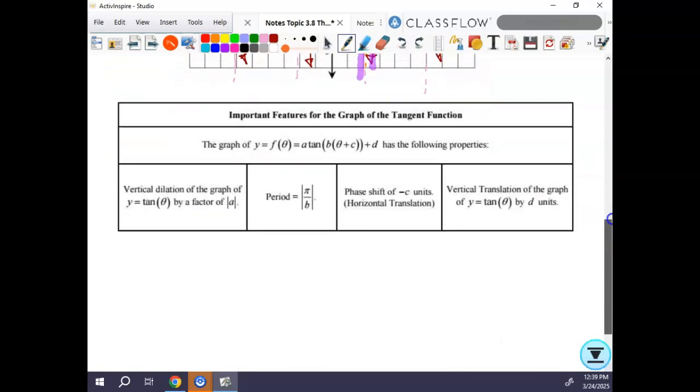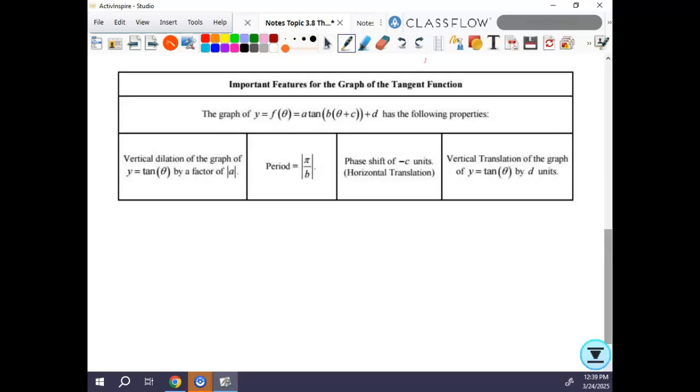So let's talk about transformations before I give you your second sheet of paper. We've been doing transformations forever. You know what they look like. You know what the letters do. So with sine and cosine, A had another special name. What was the A for sine and cosine? It's a word that starts with A. Amplitude. Yes, thank you.